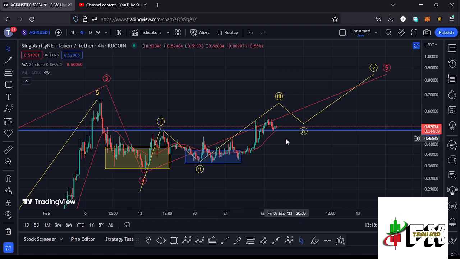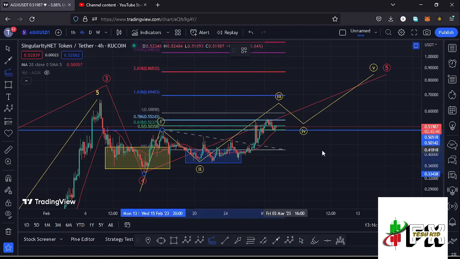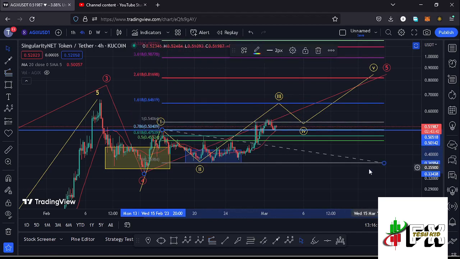And I believe that is what has been playing out in a move that has now given us a peak at around the $0.5628 mark, and in the formation of that higher Elliott wave count 3, I am able to sketch out a target area to the upper side by connecting the trend based Fibonacci from the low of the first wave to the high of that wave 1, then dragging the fibs to the low of the second wave, and that gives me a minimum target area to the upside in the formation of this wave 3 at the fib level 1.618, and that is at around the $0.64618 mark, and that is the minimum that I'm expecting this higher Elliott wave count 3 to the upper side to do.